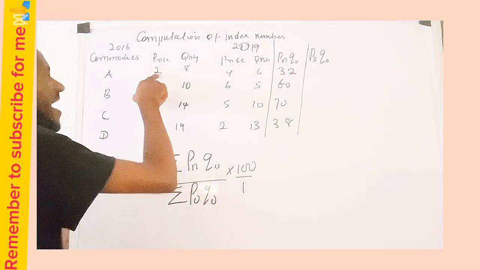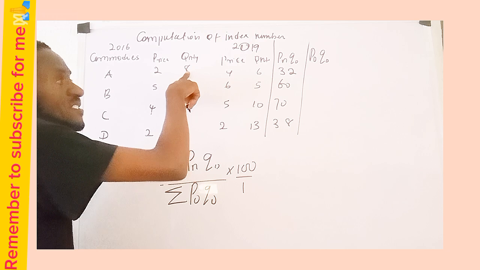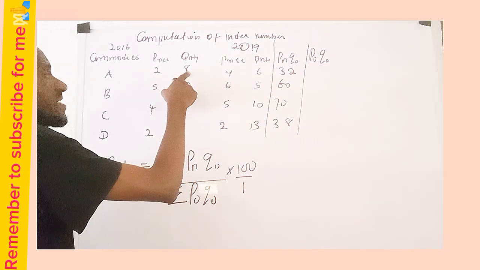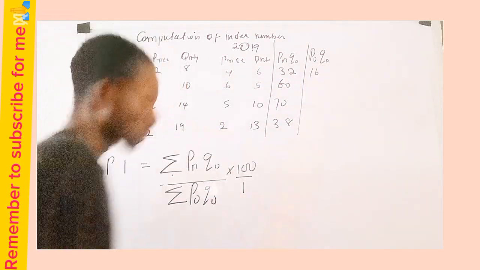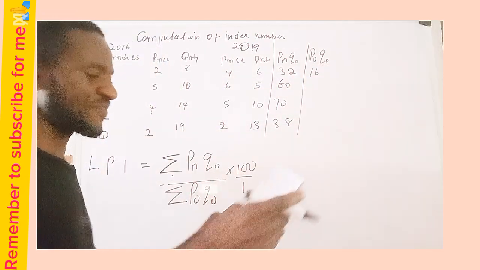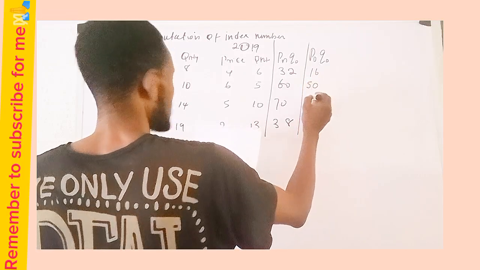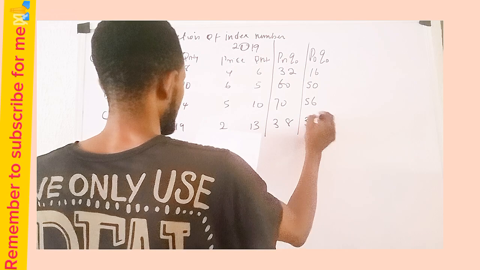Here is my price in the base year. Here is my quantity in the base year. So I should be talking about this multiplied by this. And 2 times 8 will equally give us 16. So let me call it off from what we already have here. This is 16. This is 50. This is 56. And then this is 38.